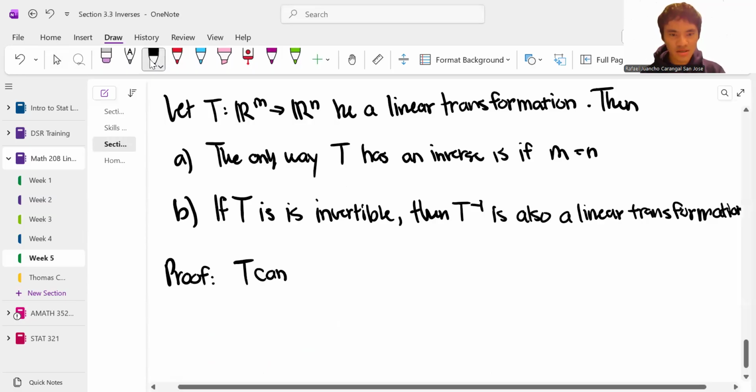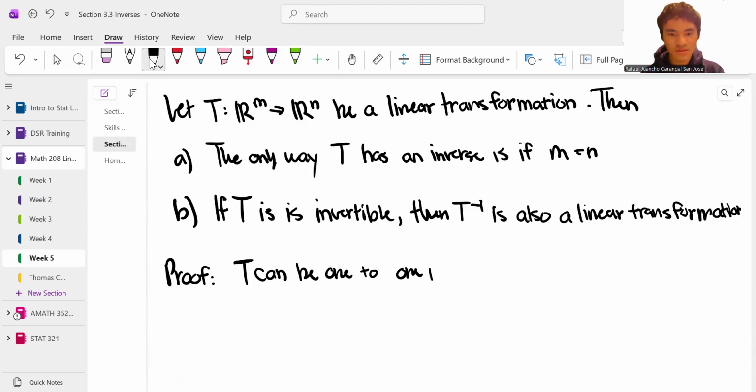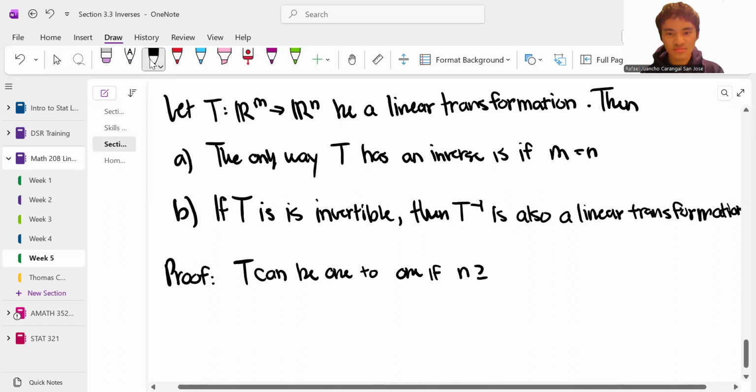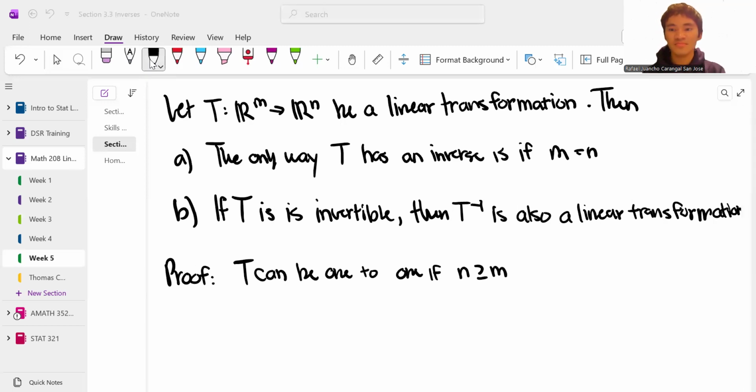T can be one-to-one if n is greater than or equal to m, but n cannot be less than m. And there's another theorem that tells us the only way that T can be onto is if it's the same thing.